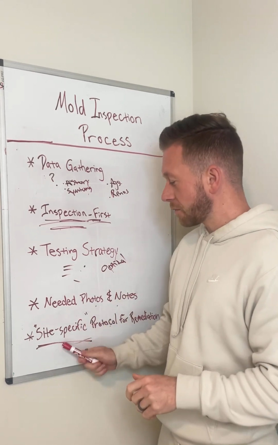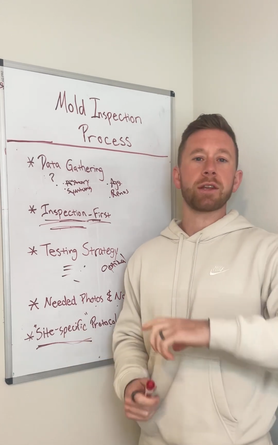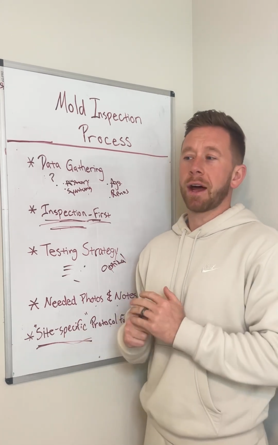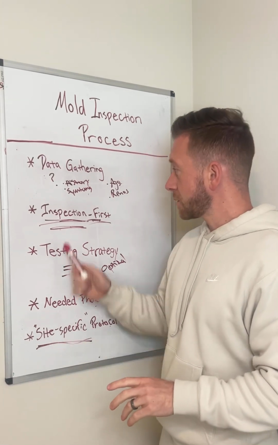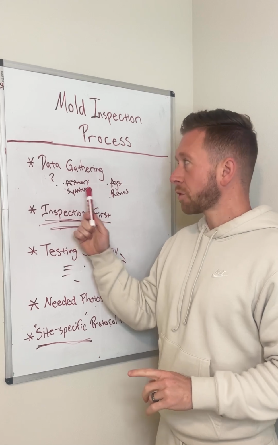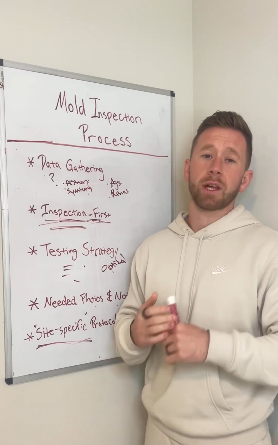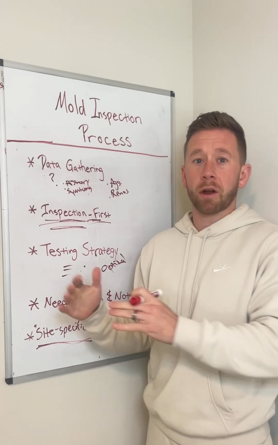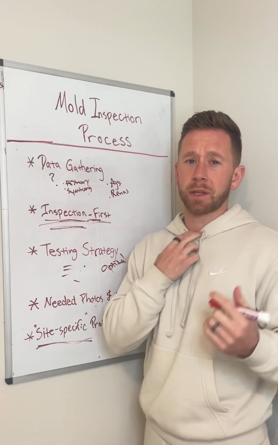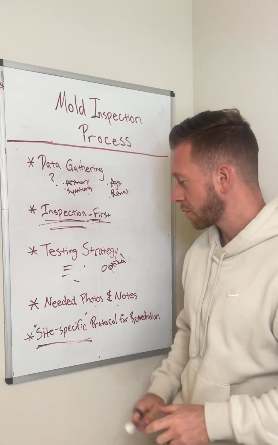So a site-specific protocol is very, very important. Not just a bunch of copy and paste, not something too vague, but really very specific to what we found and to what these people are dealing with, their sensitivity levels, how in depth they need to go. And sometimes I give people a good, better, and best option just based on finances, but that's usually more for a conversation after the protocol.